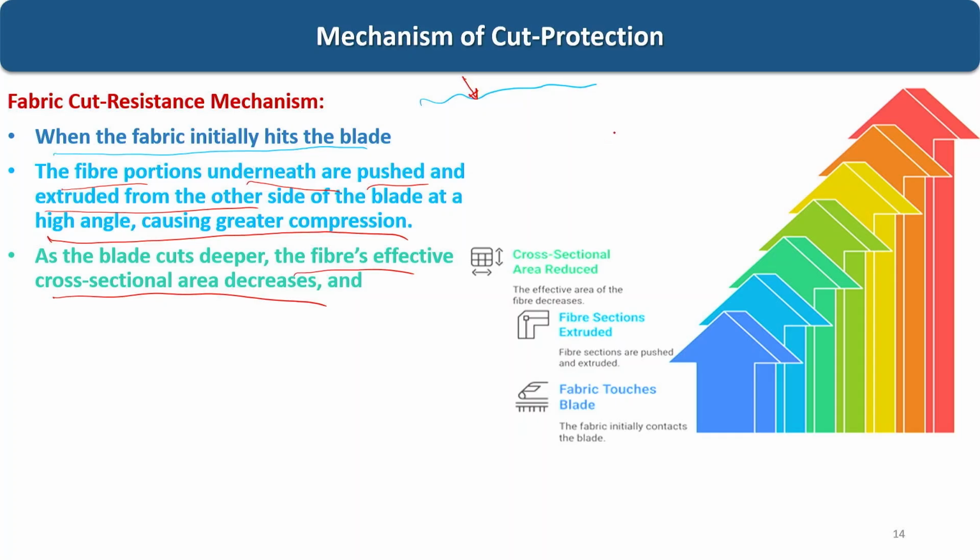So, this is the fiber, and when this blade cuts, it enters. So, the fiber's effective cross section will be lower.